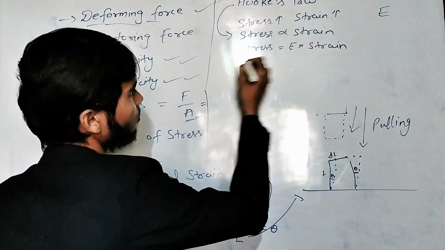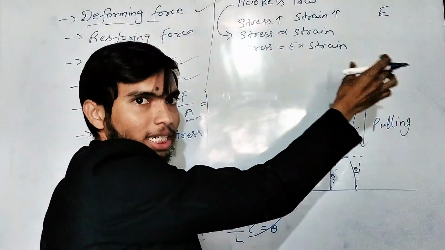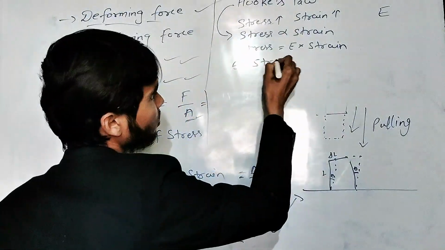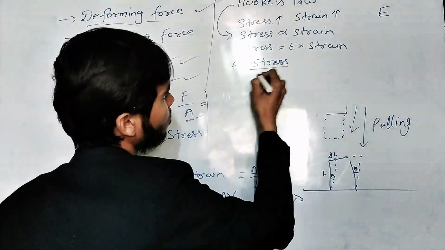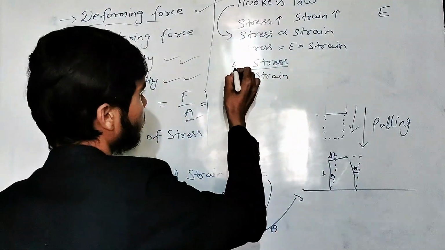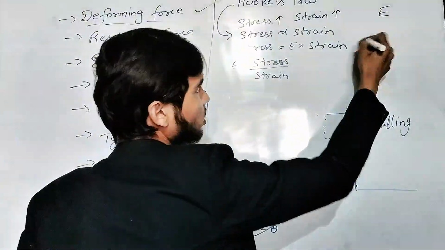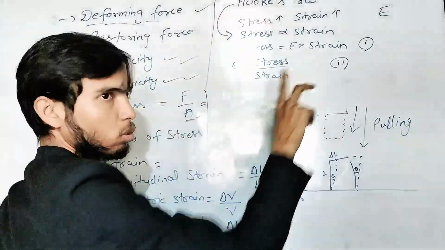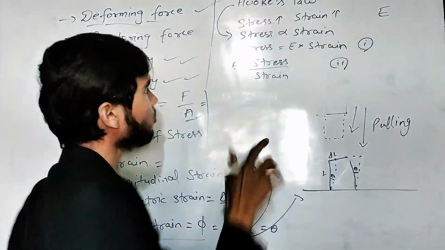Stress is equal to E times strain. Now E will be equal to what? Stress upon strain. Am I right? Okay, this is one, and this is the second. Two equations you have got.